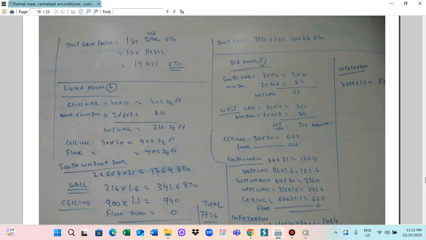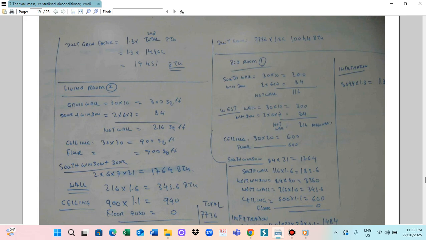So 7726 multiplied by 1.3, and all together you got 10044 BTU. So total heat is 10044 BTU. This is for living room 2, which we calculated.